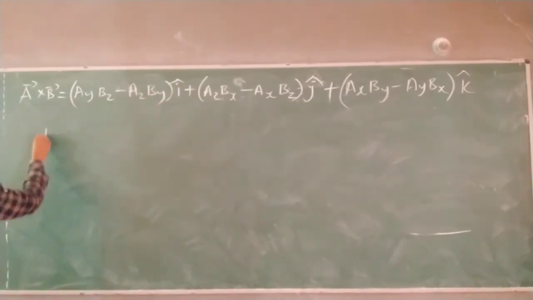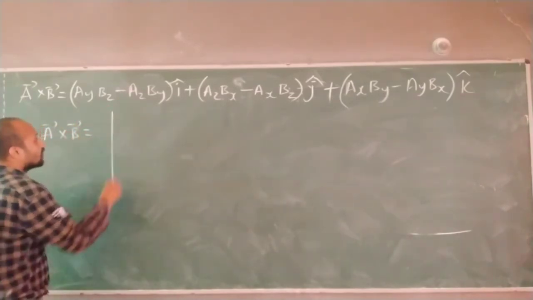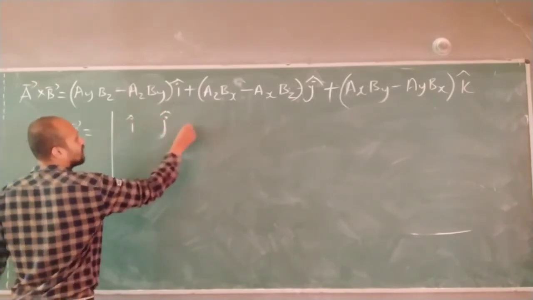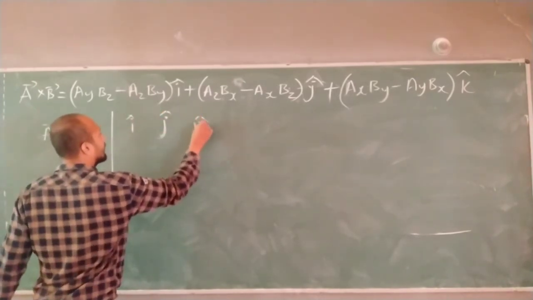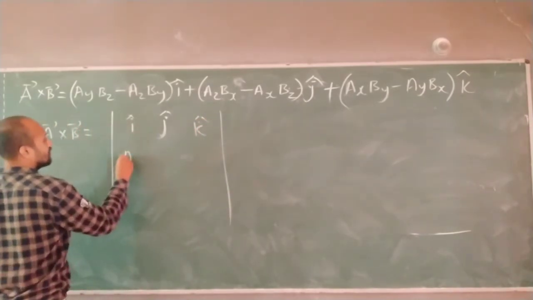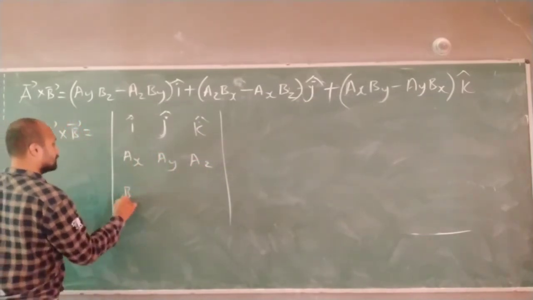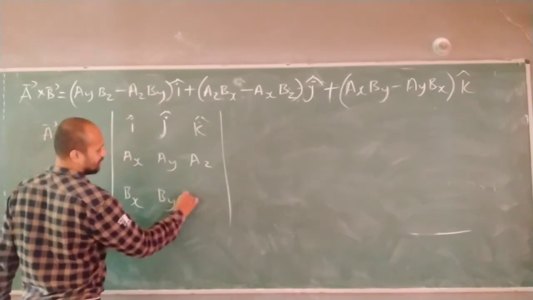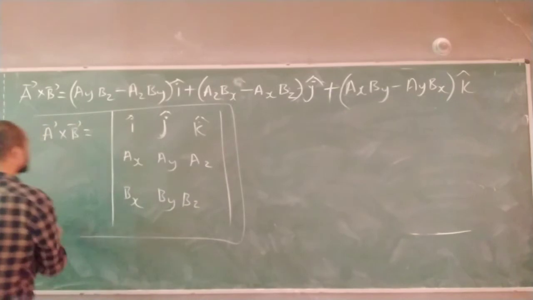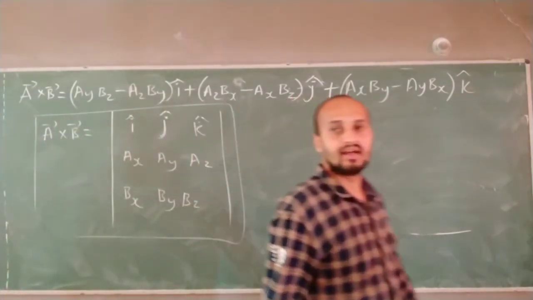So I can write a cross b will be equal to determinant of i cap, j cap, k cap, with the terms ax, ay, az, bx, by, bz. So this is the formula for a cross b. Correct now? This is the formula for a cross b.